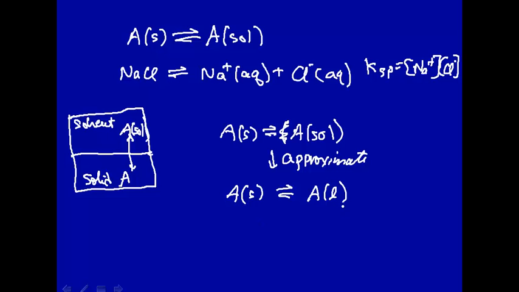All right, now this is an equilibrium, so we can make our usual assumption that the chemical potential of A in the solid state at equilibrium is equal to the chemical potential of A in the liquid state. We're using liquid as an approximation of solvation. Now let's write down the chemical potentials for each case. The chemical potential of A in the solid state is equal to the standard state chemical potential of A in the solid state, plus RT times the natural log of the activity of A in the solid state.